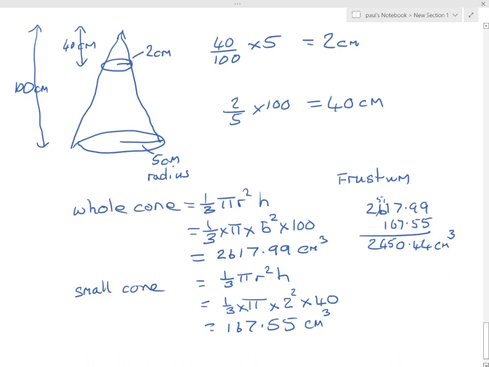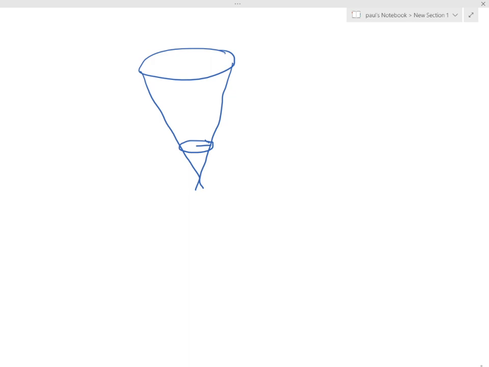All right, okay, let's do a last one. Another frustum, this time it's upside down. But don't worry, it's exactly the same thing. So we've got a little bit down the bottom there and a big bit at the top there. So this radius equals 35. This radius we don't know, but we know that that is 10 centimeters, and all the way is 50 centimeters.